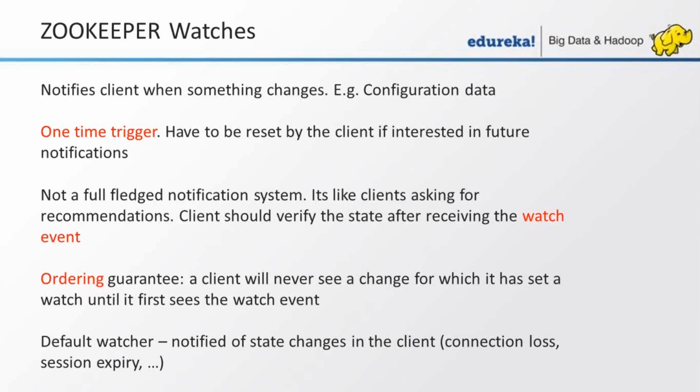Now you can set watches on the ZNode. A watch notifies the client when something changes. So for example, if a region server goes down and a watch is there on that ZNode, and the client wants to read something using that region server, a watch event will get sent to the client.